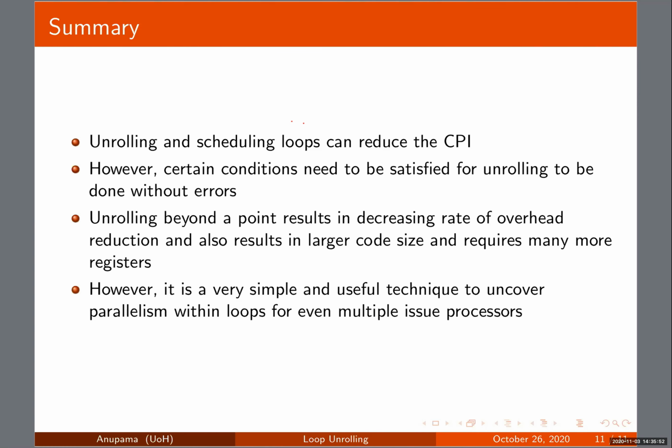So that is basically about loop unrolling, a very simple compiler technique to uncover instruction level parallelism that can be used by processors to improve the CPI. Okay. Any questions on that? Because that finishes what I wanted to talk about today.